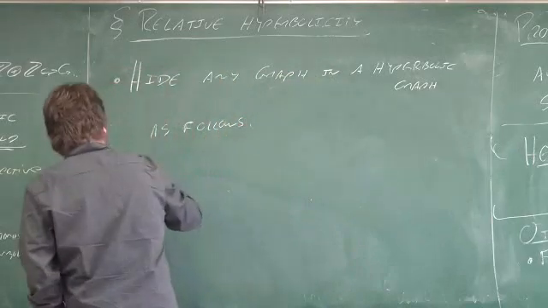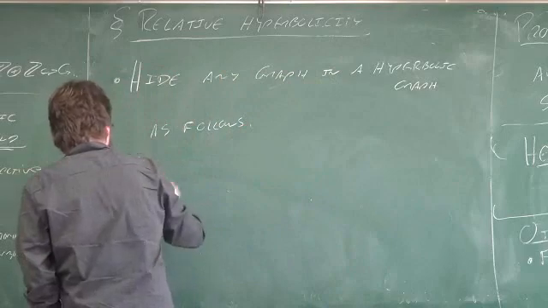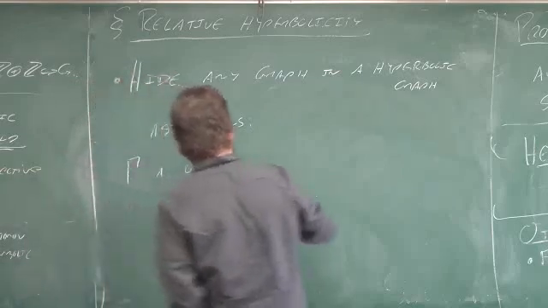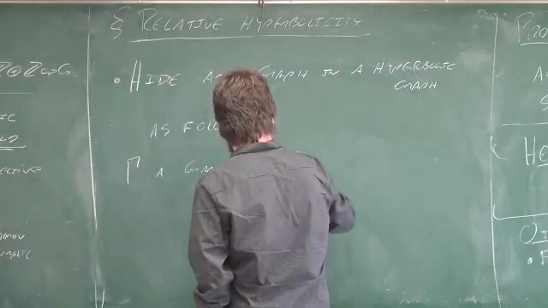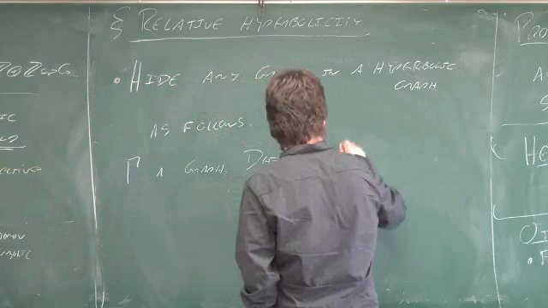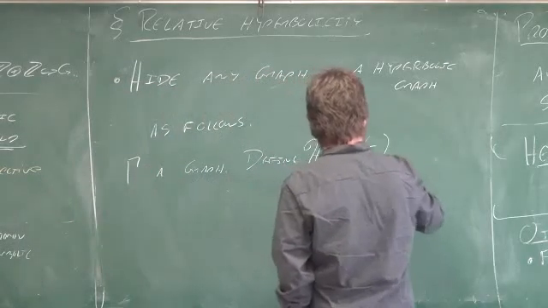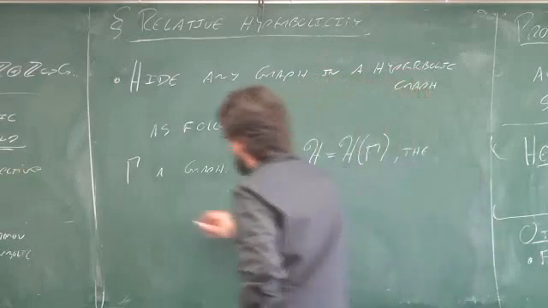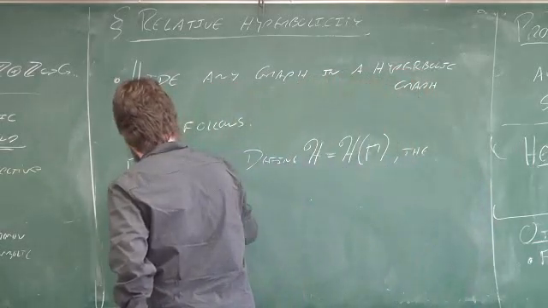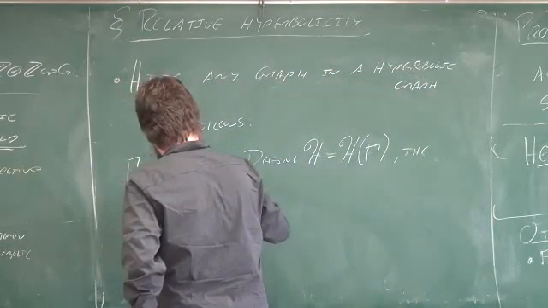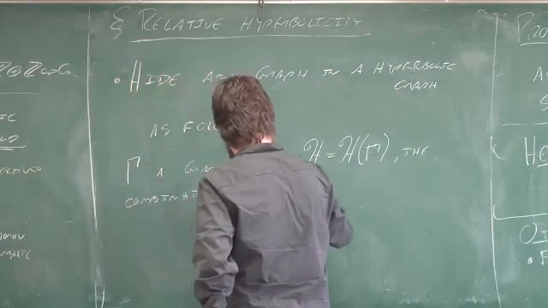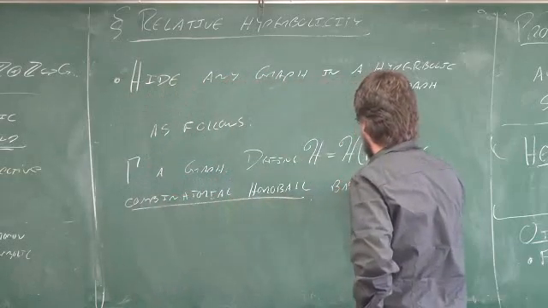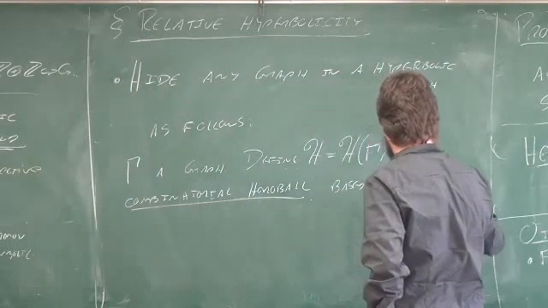So gamma is a graph. I'm going to define H to be the horoball based on gamma. So this is a combinatorial horoball based on gamma as follows.